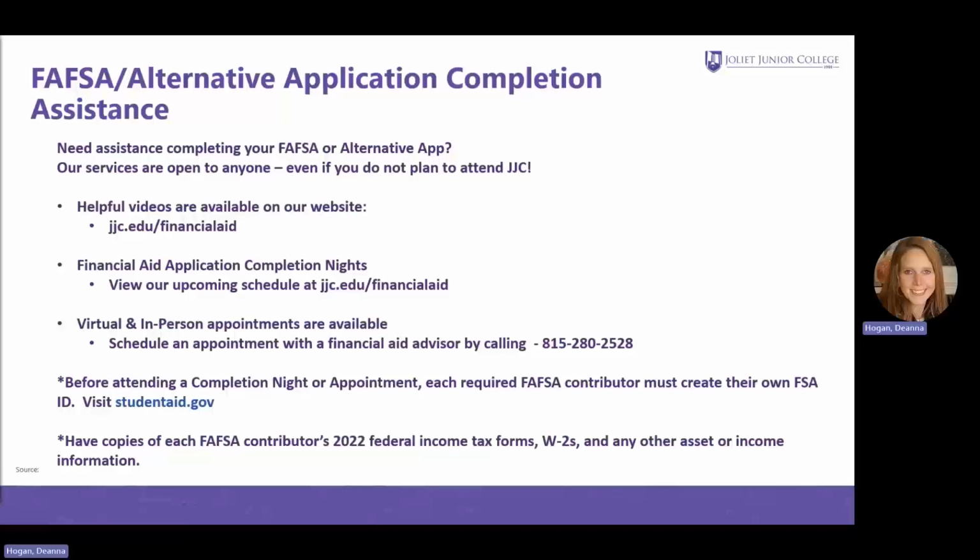You do not need to be a JJC student or planning to attend JJC to get assistance. Our services are open to the community. We also offer virtual and in-person appointments. You can call our office to schedule those.